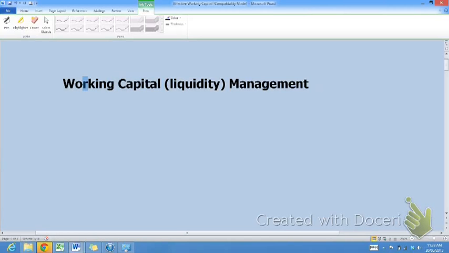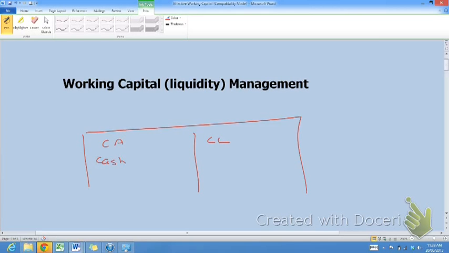So if we're looking at liquidity, of course we know that we're looking at the top of the balance sheet, and you've got your current assets and your current liabilities. And the most important thing that we're going to focus on is understanding that there is a relationship between these. Current assets include cash, inventory, and accounts receivables.